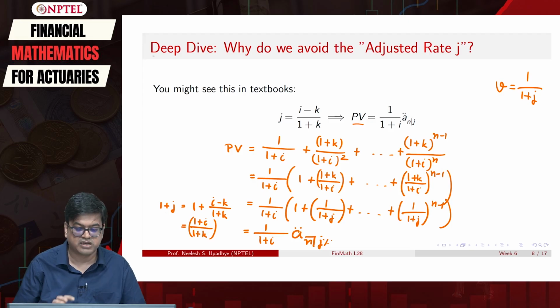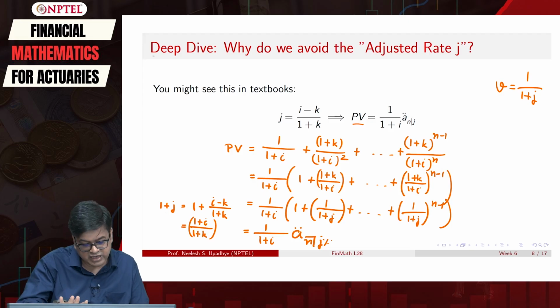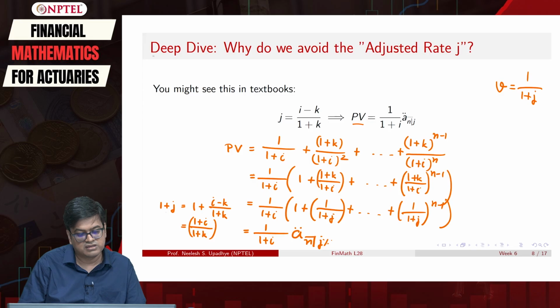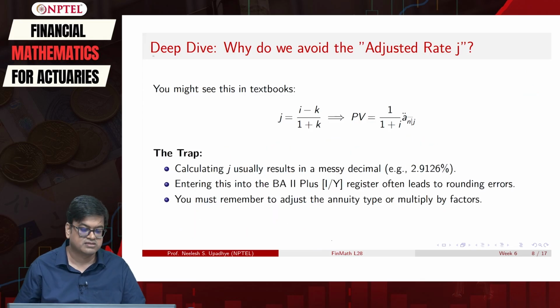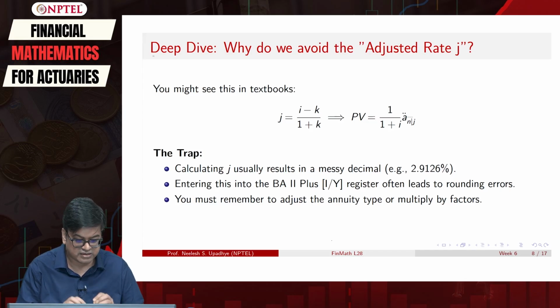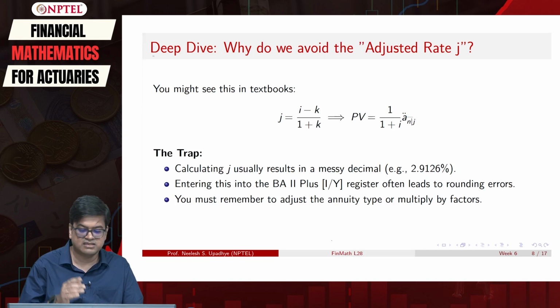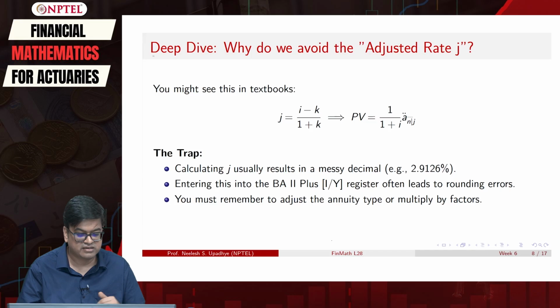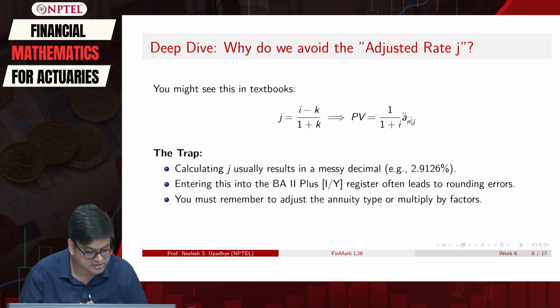Okay. But why are we saying that we should avoid this trap? Because now you look at this, you have to calculate j first of all. So you will take two decimals, which is (1 plus k) upon (1 plus I), and you will calculate that to some decimal places. Naturally you will terminate it at some point, correct. And then when you enter your I/Y in the BA II Plus calculator, you will enter that terminated value. That will lead to many rounding off errors.